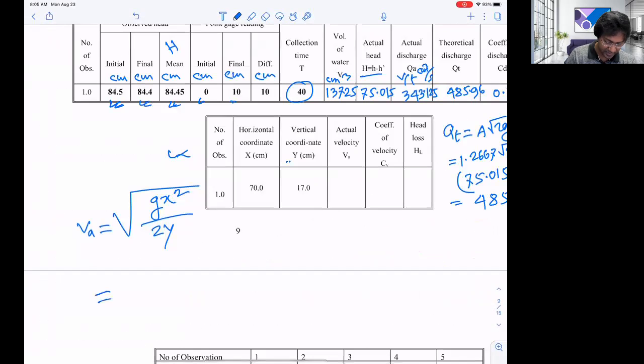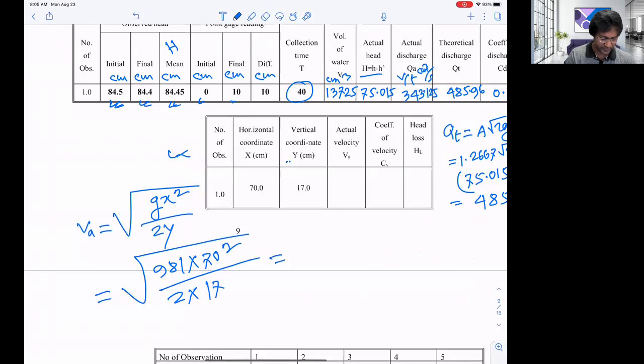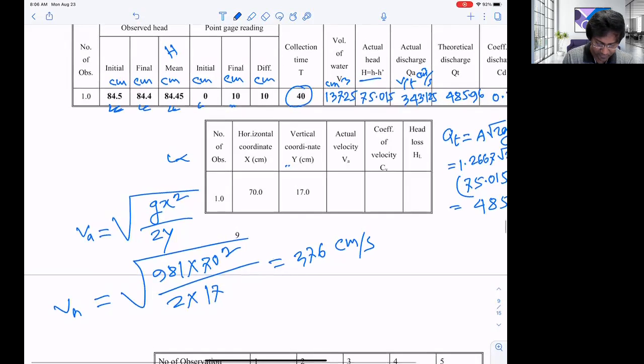We have g 981, we know x, and x square divided by 2 into 17. The value of actual velocity is the square root of 981 into 70 square divided by 2 into 17. The velocity is 376 centimeter per second. So it's pretty high, 3.76 meter per second. Since it is an orifice, definitely flow will be high.